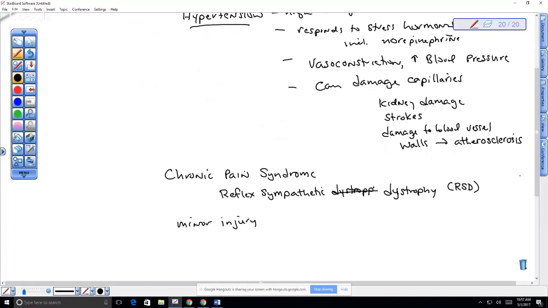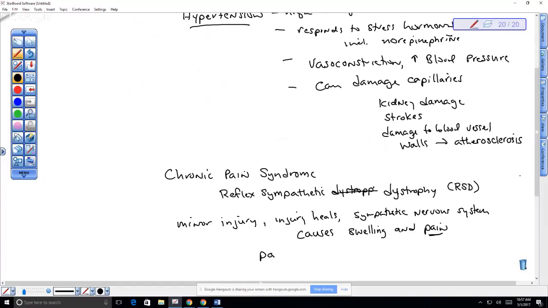And then after the minor injury heals, the sympathetic nervous system causes swelling and pain, right? So this pain is itself the disease. So the pain is the disease.